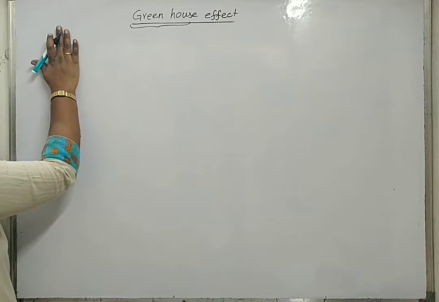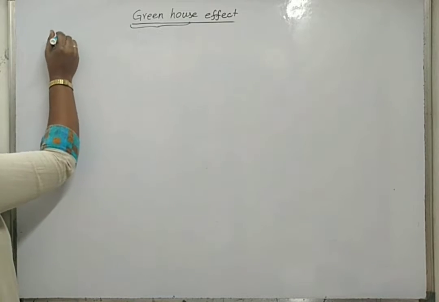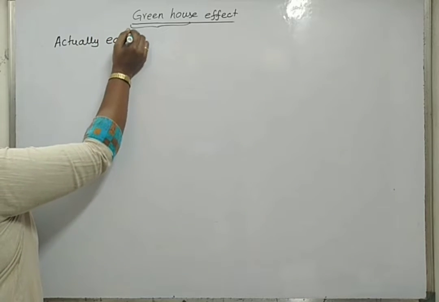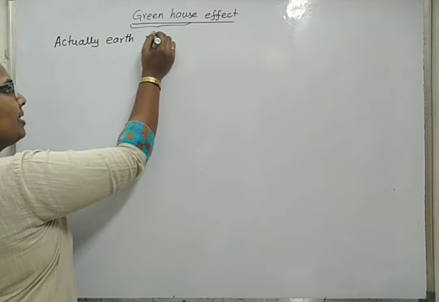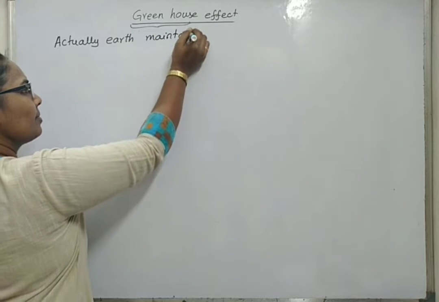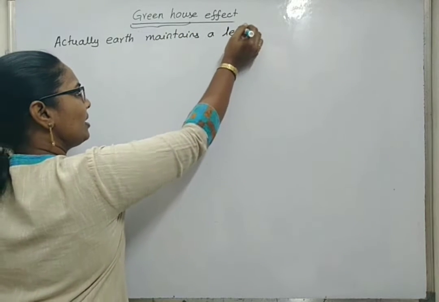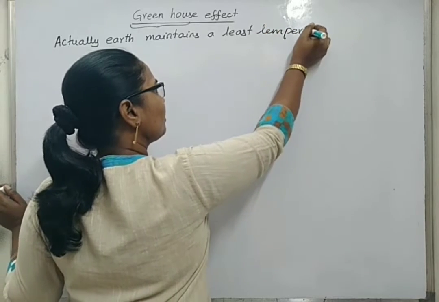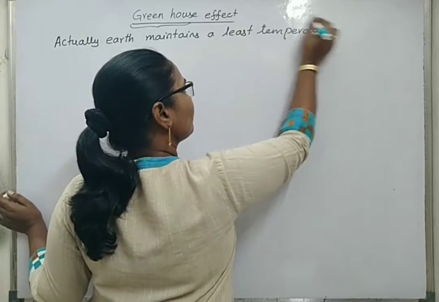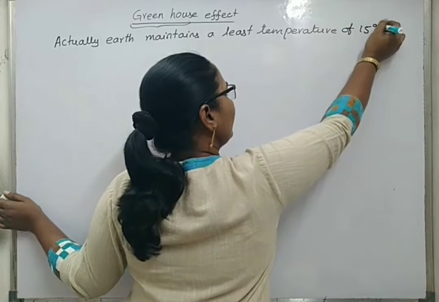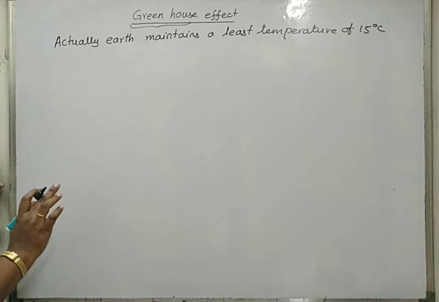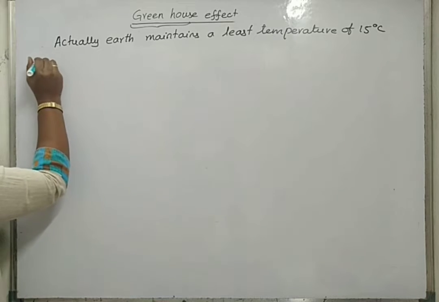So we will frame some of the important points. Actually, the earth maintains a least temperature of 15 degrees centigrade in normal conditions. But all plants cannot grow at that temperature.